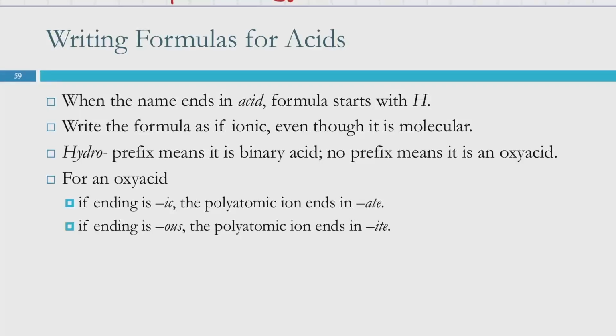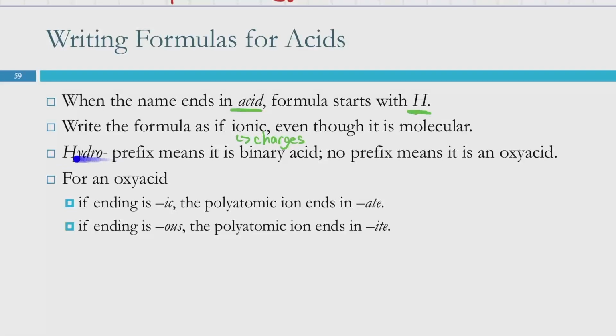This is just a run through for writing the formulas for acids. We've done this twice now. So when the name ends in acid, the formula is going to start with an H. We should associate acid with H. We'll write the formula as though it's ionic, so using charges, even though it is classified as a molecular compound.